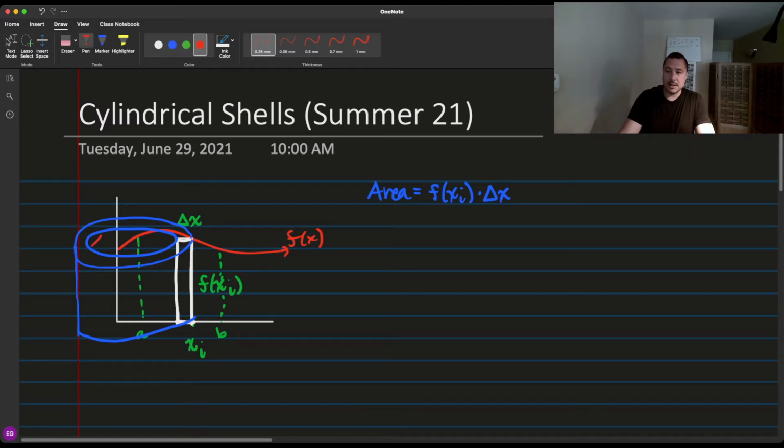This part here in the inside is left out, which is why it's a cylindrical shell. Okay, so let's compute the volume of this thing. You're going to have the volume of the outer cylinder minus the volume of the inner cylinder.